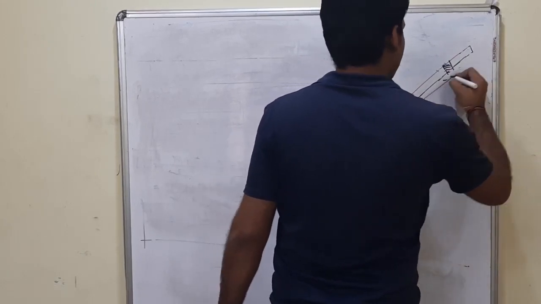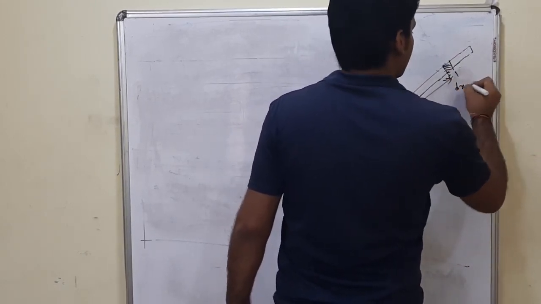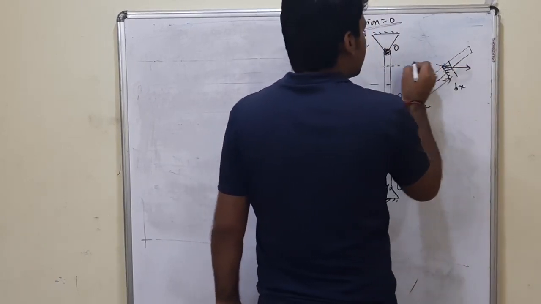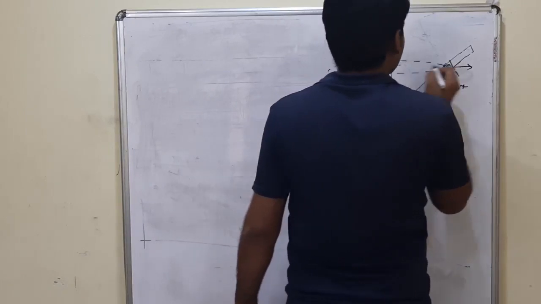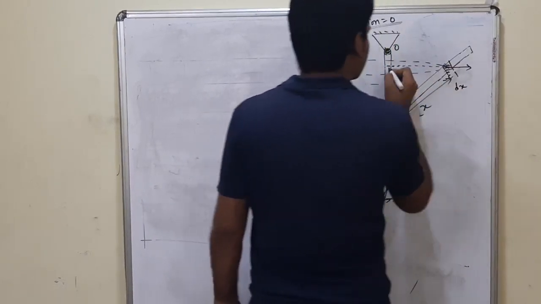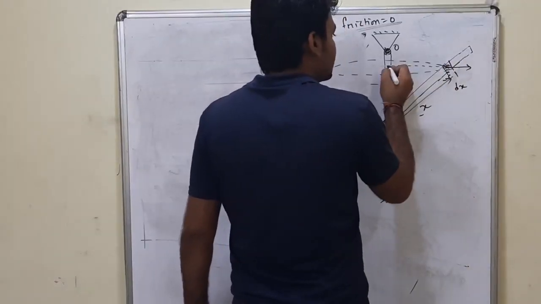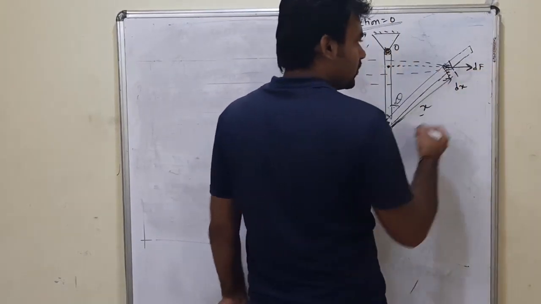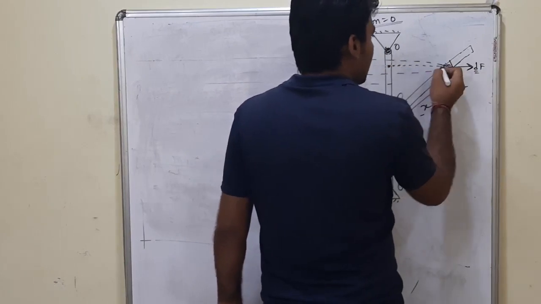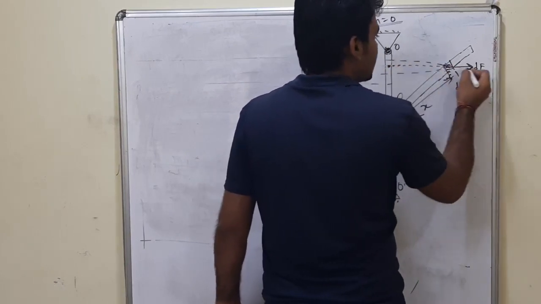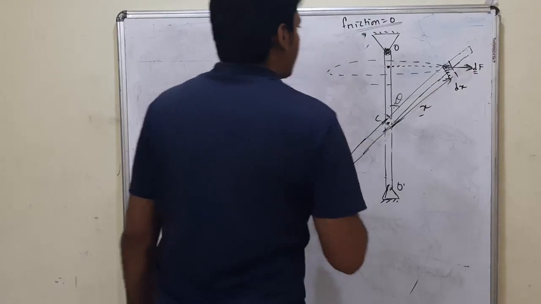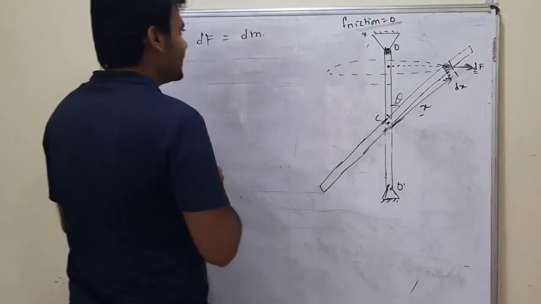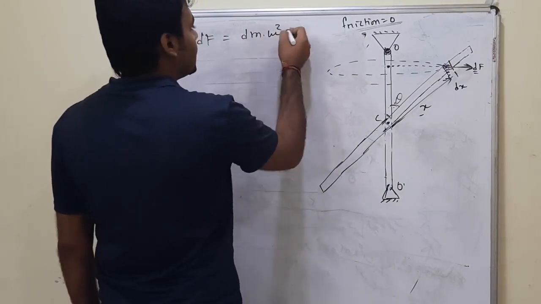If I consider the same element, the centrifugal force on this element will act in a direction away from the center of rotation. So for this element, this is the center of rotation, so the centrifugal force, let's say dF, will act in the outward direction. And its value will be the mass of the element dm times omega square into radius.